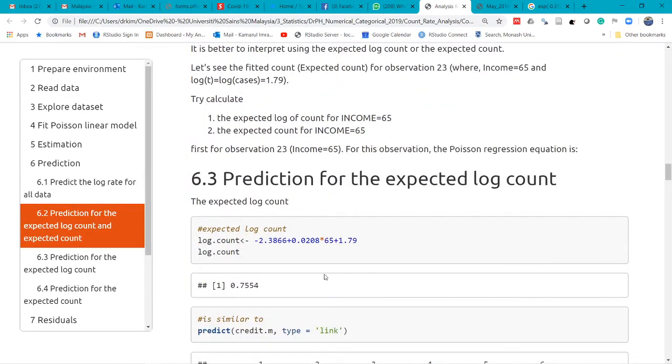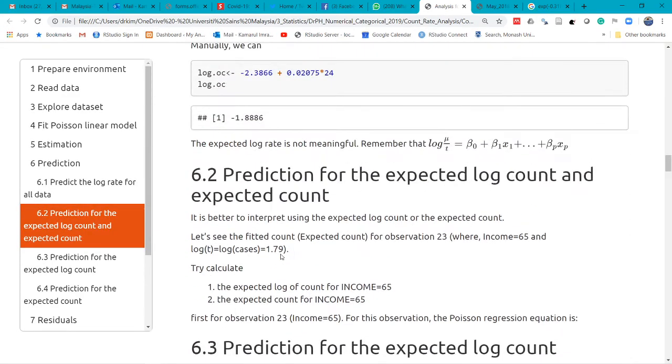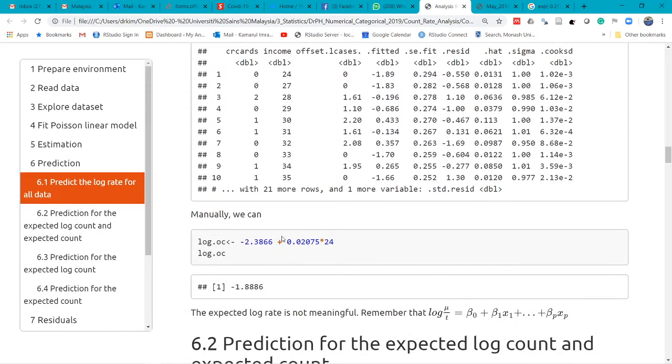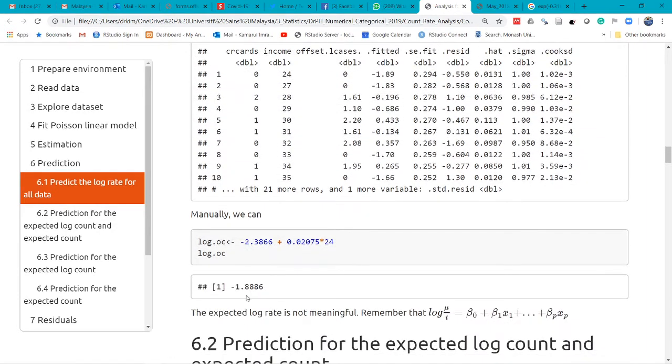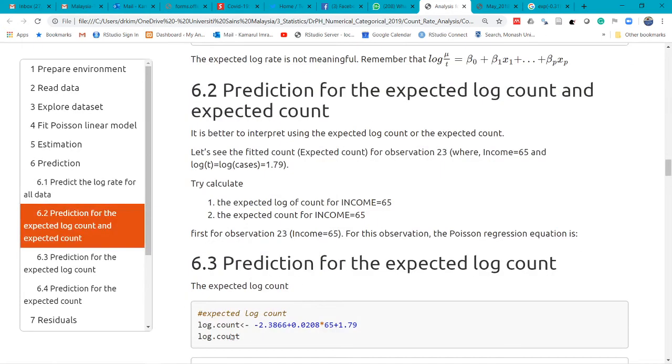Let me check if I got this. Yeah, no, this is correct, because this is the log rate. But this is the log count, so you have to move the minus log t to this side.